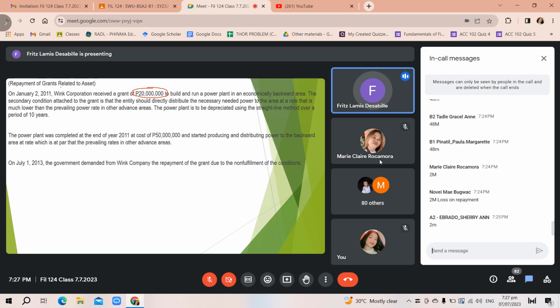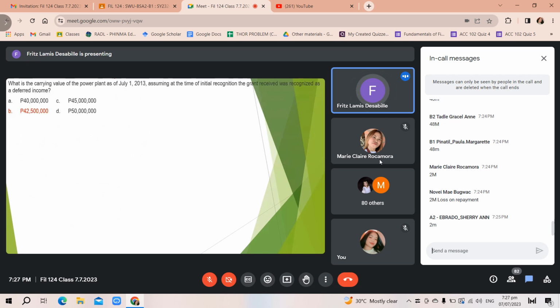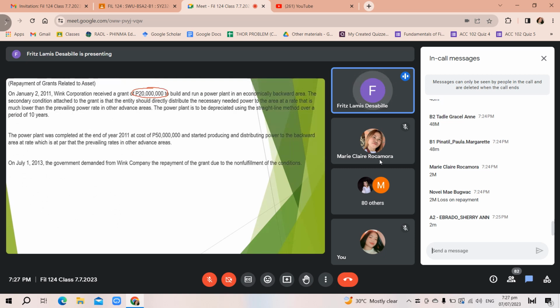The secondary condition attached to the grant is that the entity should directly distribute the needed power to the area at a rate that is much lower than the prevailing power rate in other advanced areas. The power plant is to be depreciated using the straight line method over 10 years.